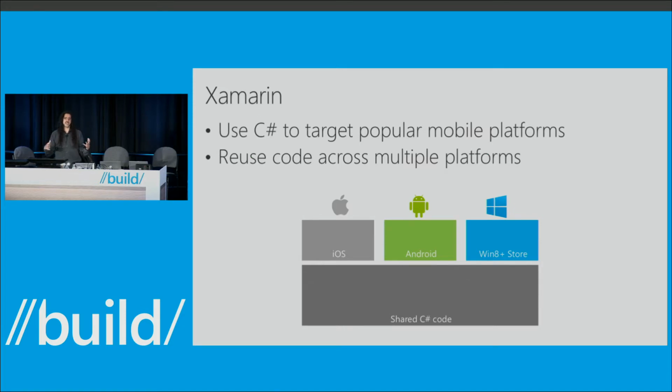You can share it by creating a portable class library, or you can literally share the code and recompile it when integrated with other projects. And then you have, again, still C#, but platform-specific C# projects, which reference this part, and take care of all the aspects that are intrinsically different across platforms, such as UX elements, such as storage, and all the things that are specific to the platform.